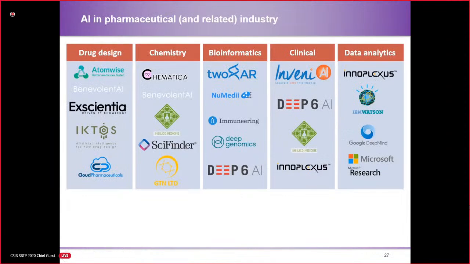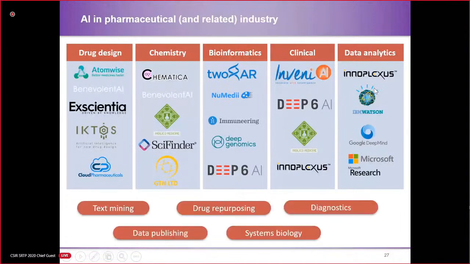And there are many pharmaceutical companies that work in the area of AI. I'm not even talking about the proper pharmaceutical companies. These are AI-based pharmaceutical companies that have AI as the main focus. They work in the areas of drug design, chemistry, bioinformatics, clinical area, or data analytics, and many other areas.